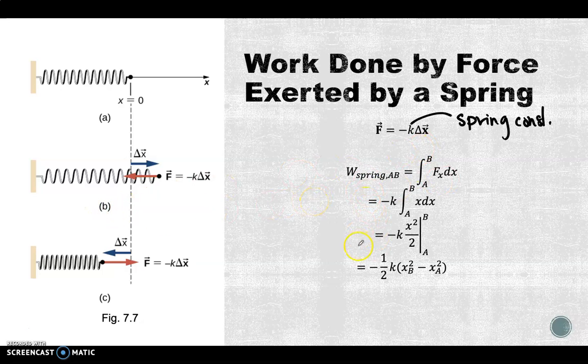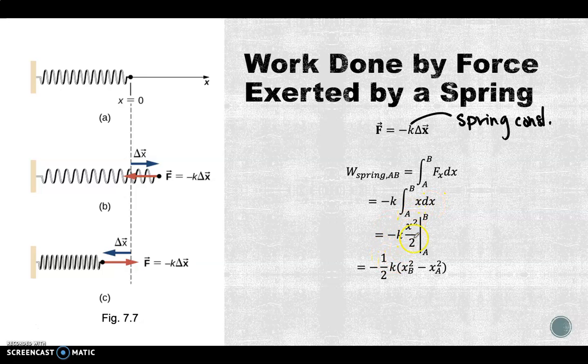Our work done by a force exerted by a spring is equal to the integral from a to b of our force, F sub x dx. Then we can plug that in, and we get negative k times the integral from a to b of x dx.